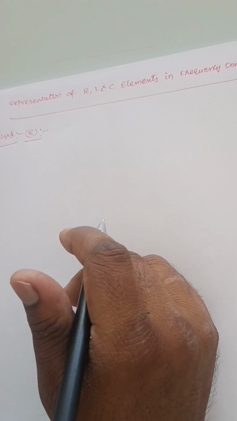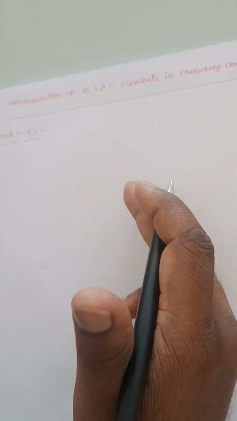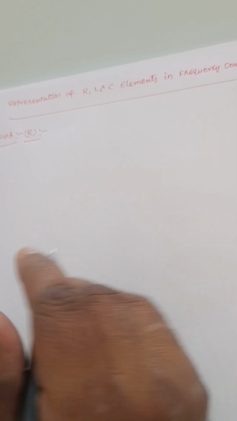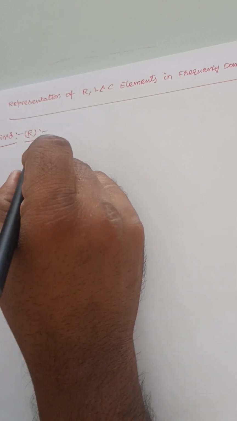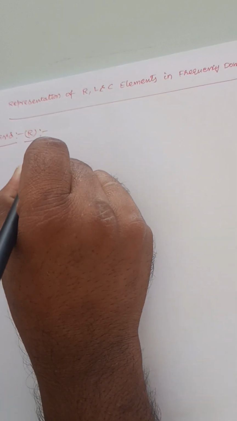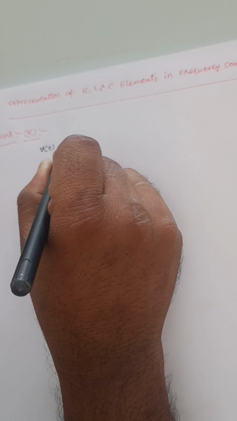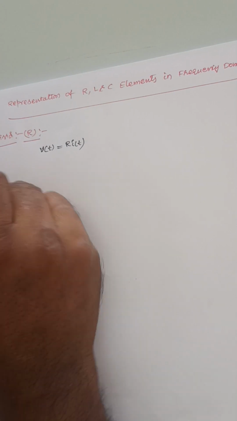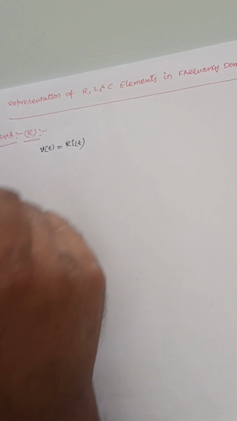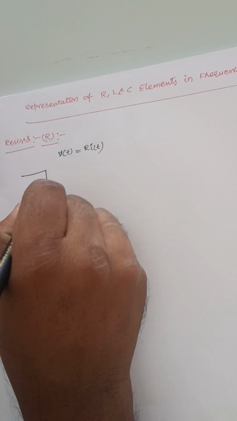Here the voltage and current relationships that may be in resistor, inductor and capacitor we can represent here. So for resistor the voltage and current relationship is V of t is equal to R into I of t, and in time domain representation the resistance can be represented as like this.